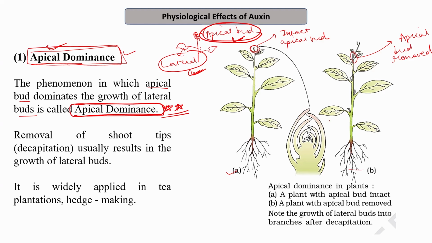You can see that there is a growth of the lateral buds after the decapitation, that is, after the removal. But when there is an intact apical bud, lateral bud growth stops. The lateral bud will not grow, while in this case, the lateral bud will grow.